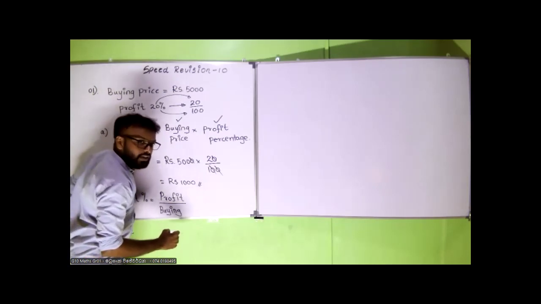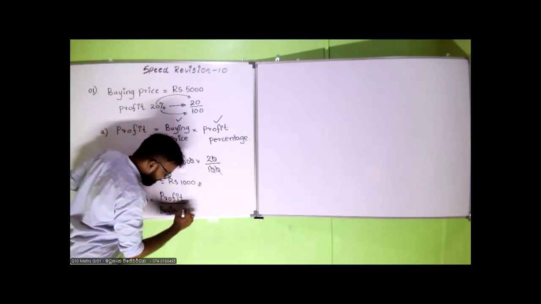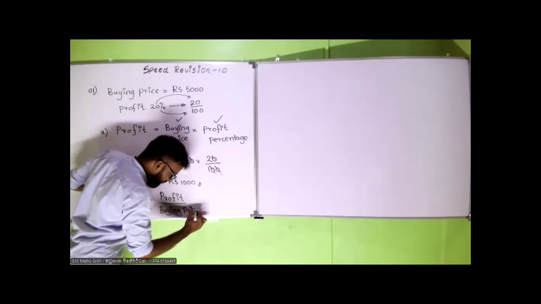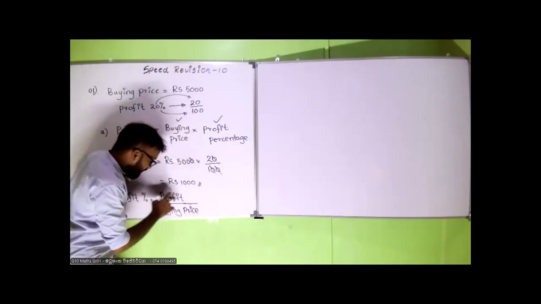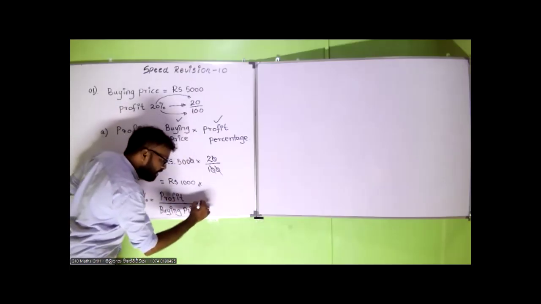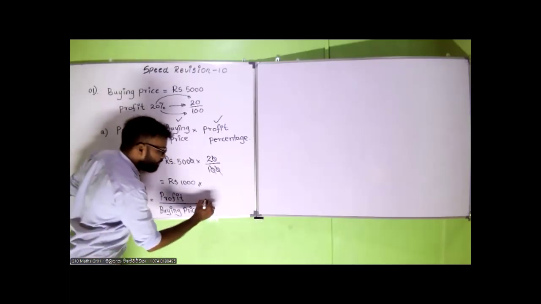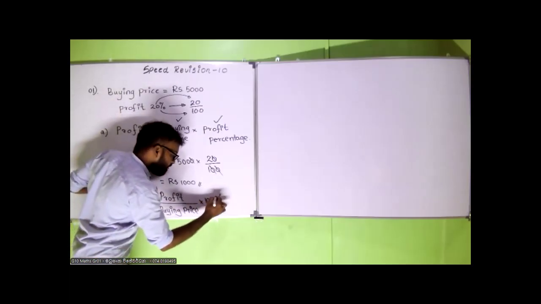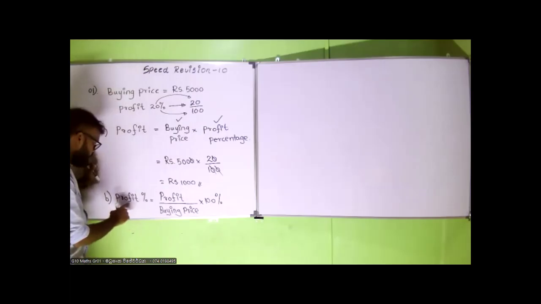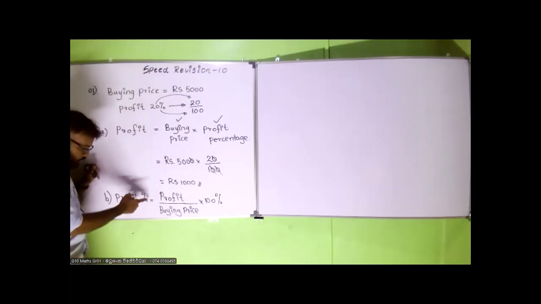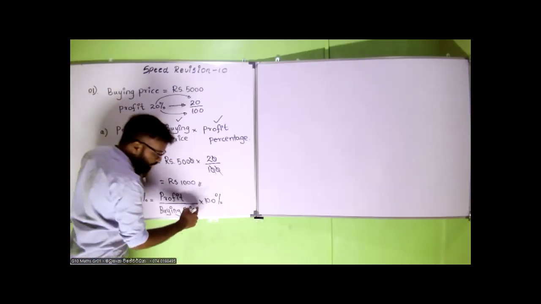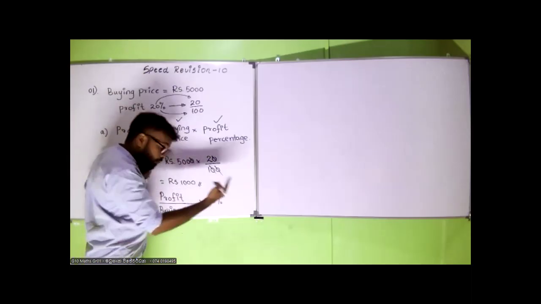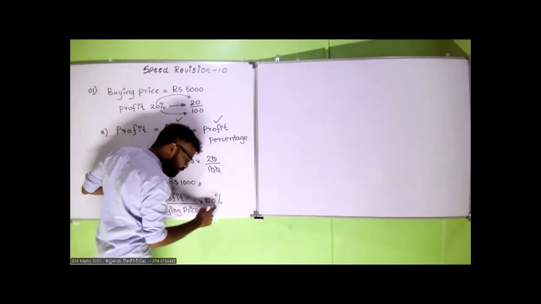We did that in grade 9, three months ago. Profit divided by buying price, multiplied by 100%. Why is that? Because we are finding the profit percentage. If you want to find the percentage, we multiply this fraction by 100%.